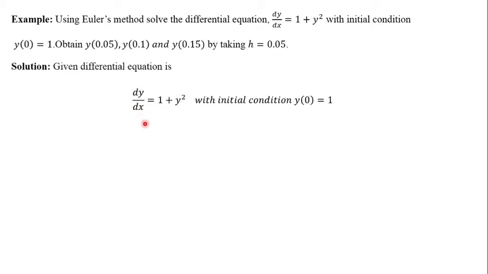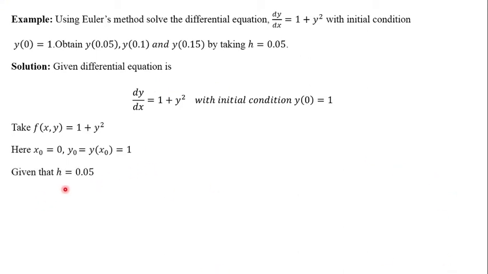Your given differential equation is this, with initial condition y at x0, so y at x0, that is y at 0, is 1. So your x0 is 0 and y0 is 1. Again, your f of x, y is 1 plus y square.